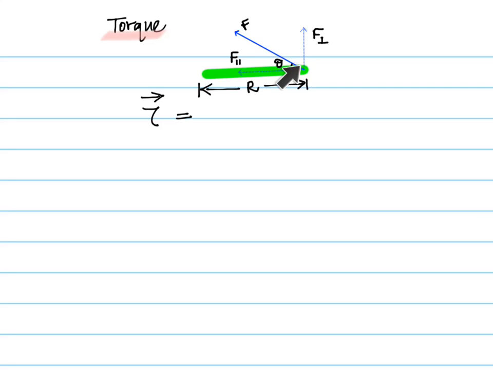That's why the force is resolved into two components, perpendicular and parallel. What you see here is not F2, it's F parallel. That's F perpendicular. Which one do you need to consider to calculate the torque? Only this, isn't it? So, that's why the formula is R times F perpendicular, which is RF sine theta. So, tau is R cross F.